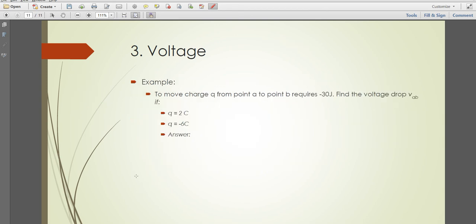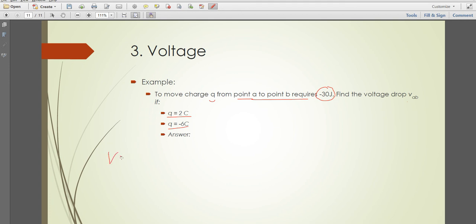Let's go to the exercise so we can understand more. We have to move a charge Q from one point to another point, which requires minus 30 joules to do this movement. We have to find the voltage drop across that element, any type of element. We're given either 2 coulombs, for example, or -6 coulombs. Let's answer the first one.